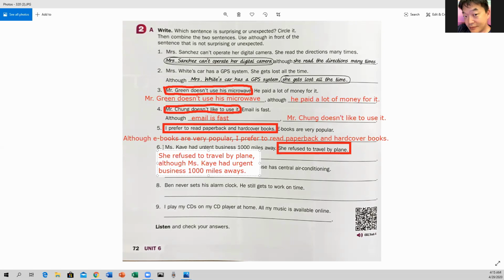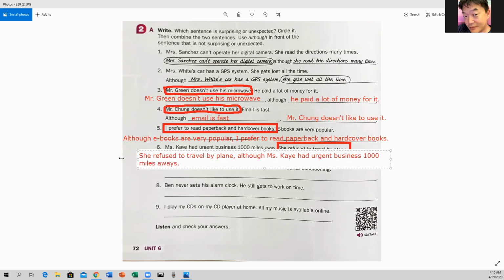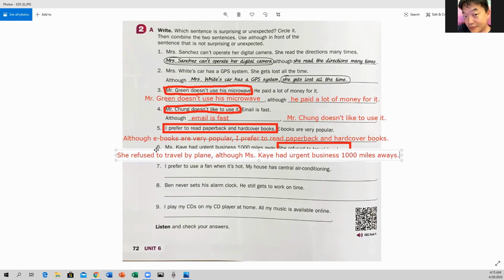Yeah, you can do that. Okay. And I don't know why they use these very long sentences. Okay, good. It's a lot of work, right? It's a lot of work.